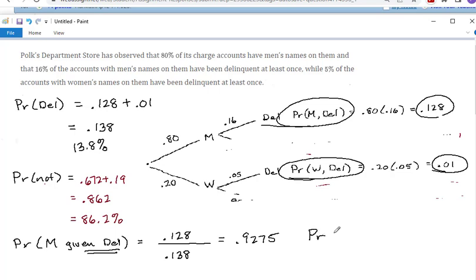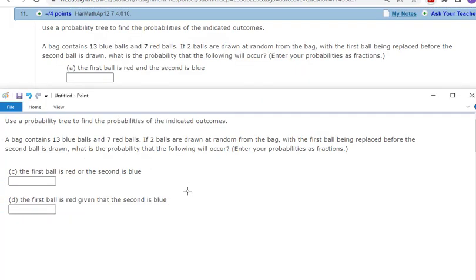I could also ask what's the probability that it's a female given the account was delinquent. So I restrict the sample space to only the delinquent accounts, and that's the combined 0.138 probability. And then probability of a female is 0.01, which is 0.0725.